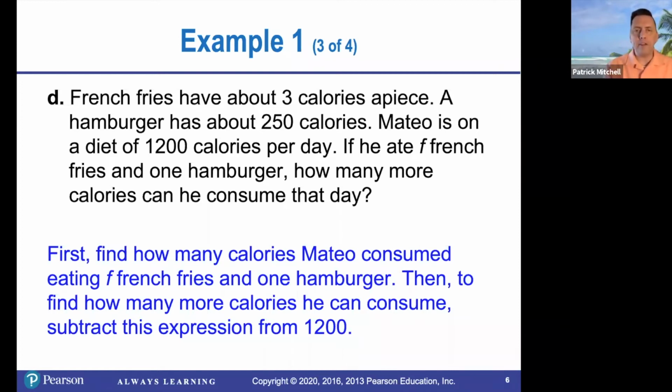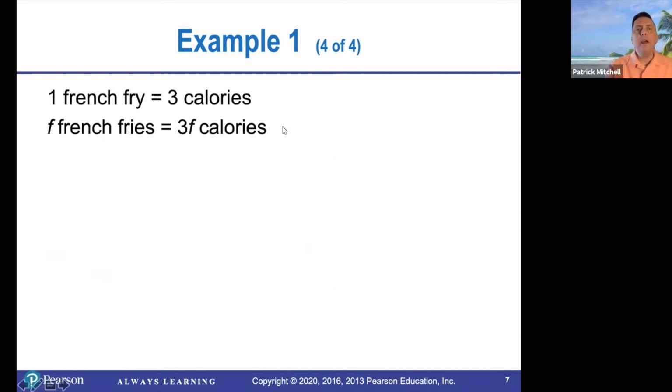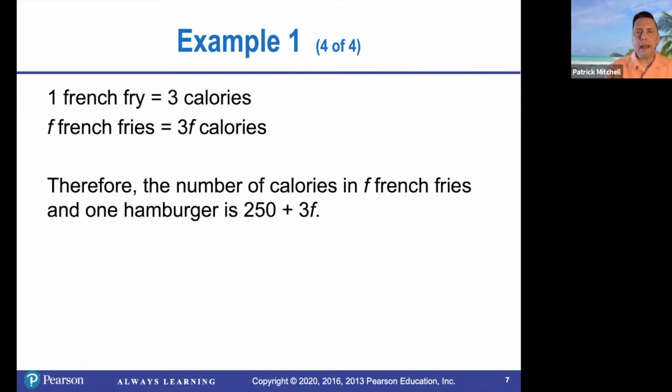Let's start with the French fries. If 1 French fry is 3 calories, then F of them would be 3 times F, so 3F calories. And then he ate 1 hamburger, which is 250 calories. So the number of calories in this meal is 250 plus 3F.